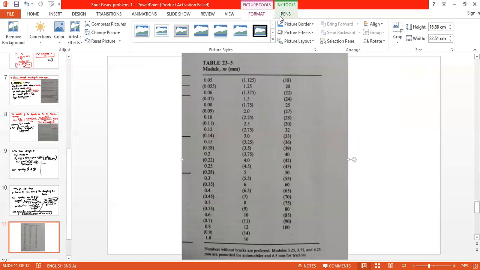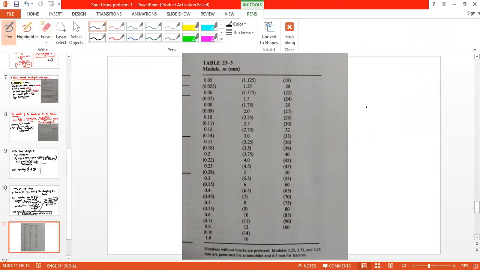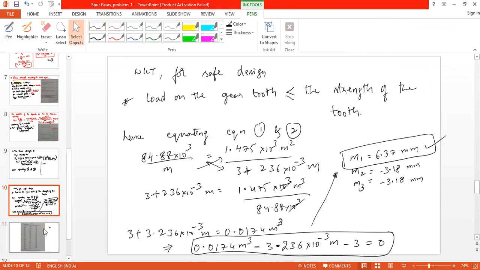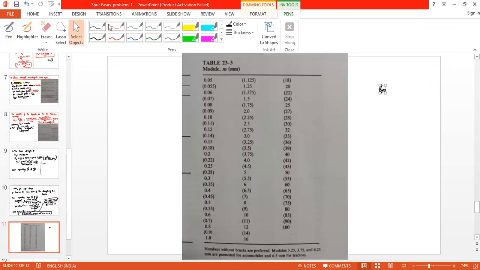The answer we got from solving the cubic equation is 6.37. It is 6.37 is the module we got from the equation.